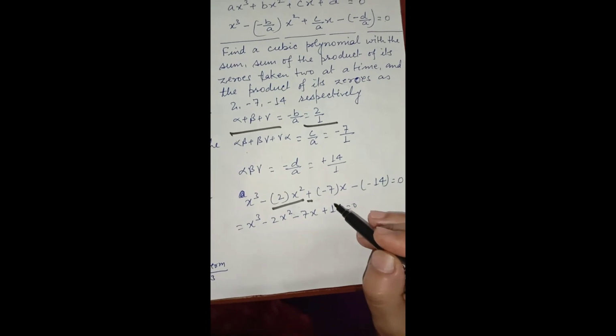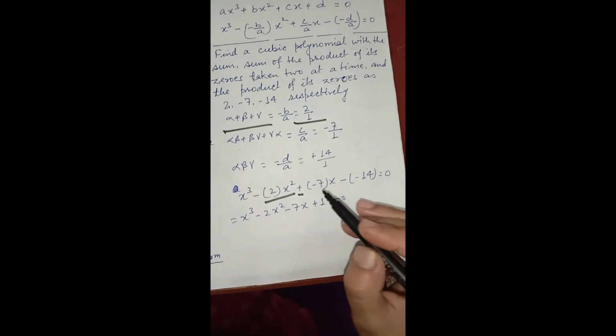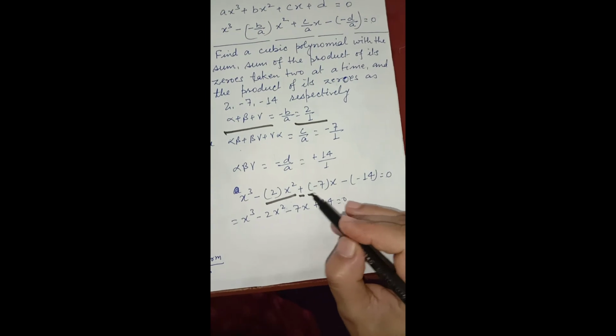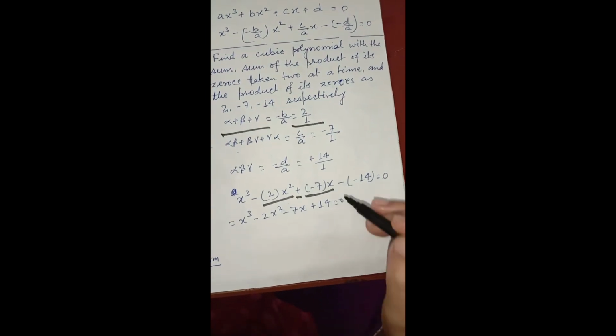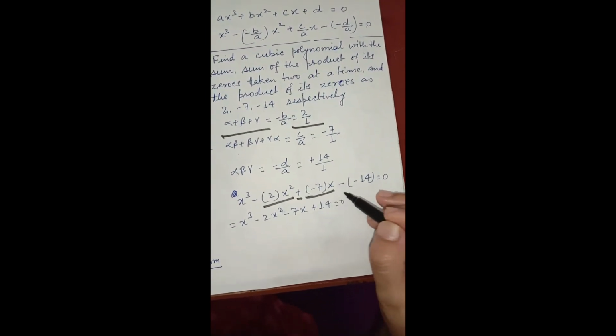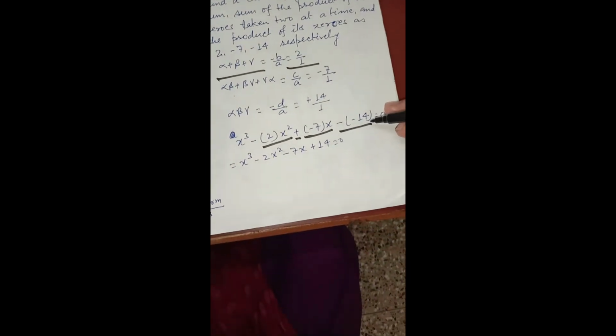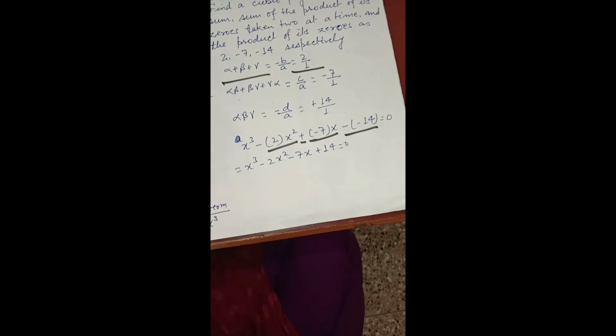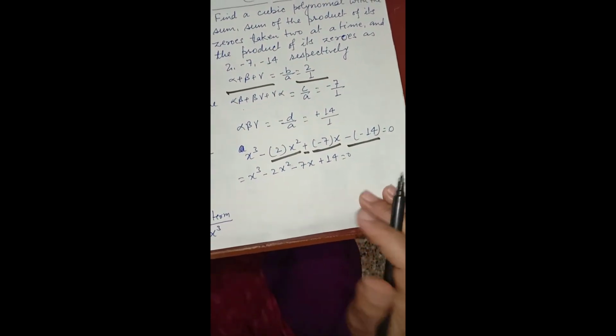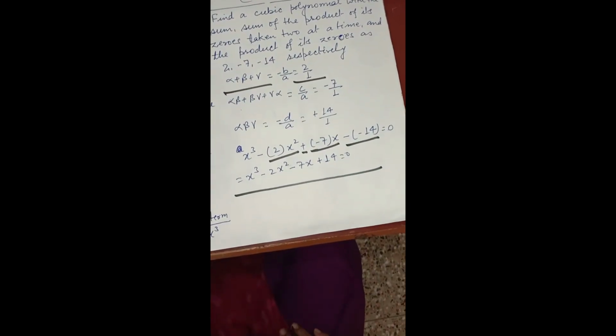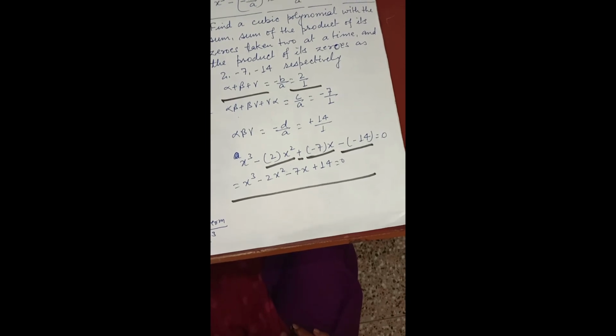Sum of the product of its zeros taken two at a time is minus 7. So minus 7x. Then next term is minus sign. Product of the zeros, that is minus 14. So minus 14 equals 0. So now when we open the bracket, we will get x cube minus 2x square minus 7x plus 14.